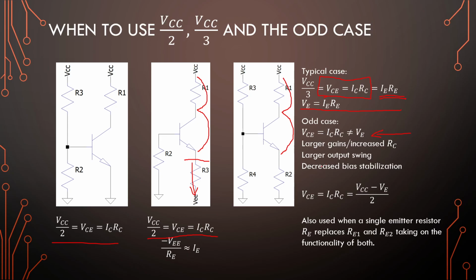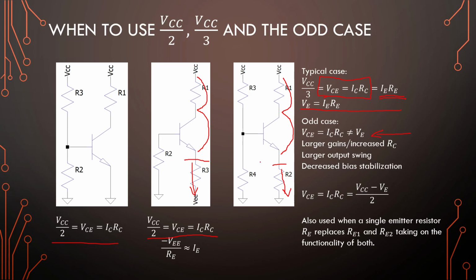The problem with this is you have decreased bias stabilization because you decrease the voltage here. So that stability goes away. Okay, but this is done on many occasions.